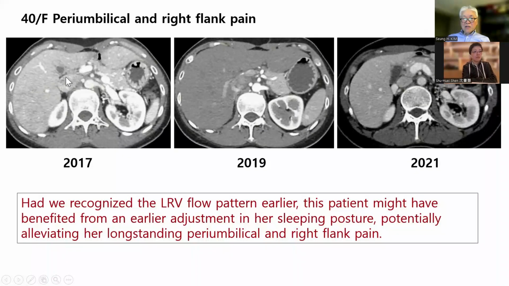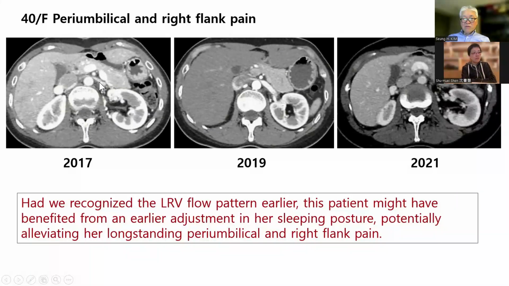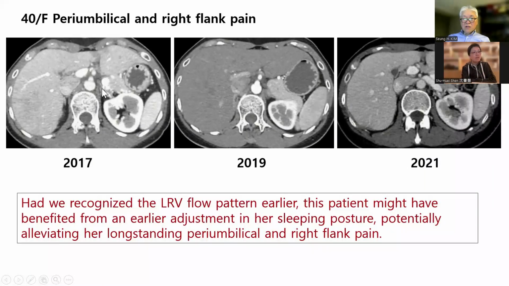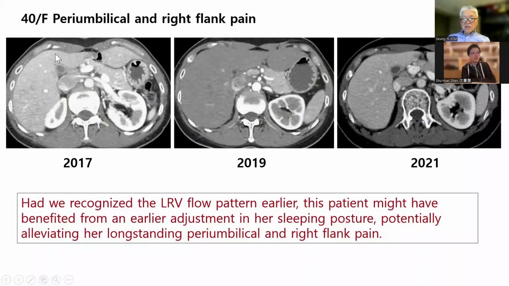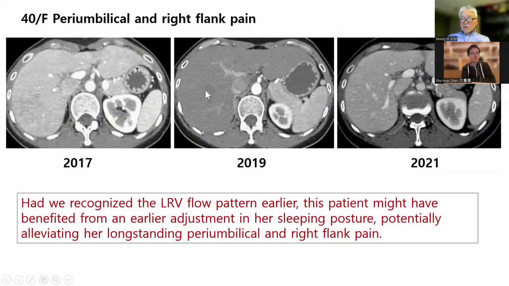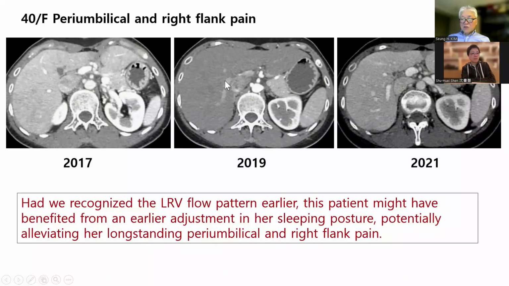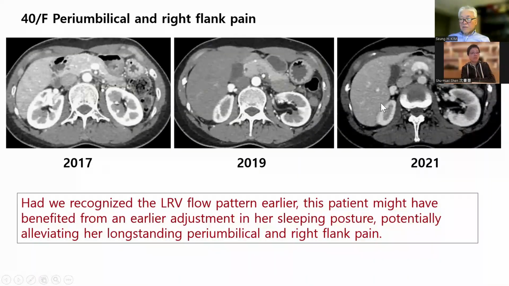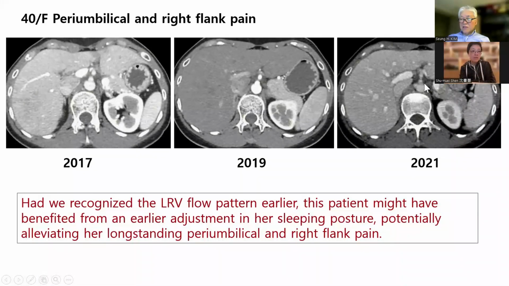Probably you can see the pattern 3 or 4, jetting or the flow along the anterior margin, in the 2017 CT scan and the 2019 CT scan. Probably you can see the jetting here. And in the 2021 CT scan, you can see jetting here.